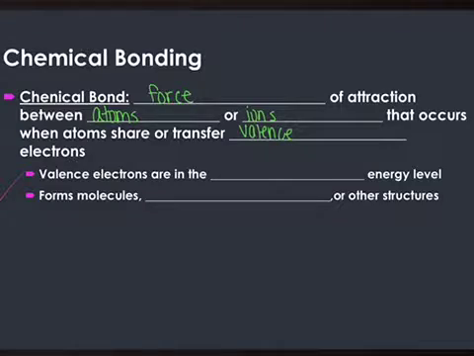And so remember from the last couple videos that valence electrons are their outermost electrons. So they're in that outermost energy level. And when we create chemical bonds, we're either going to make molecules, crystals, or other structures.